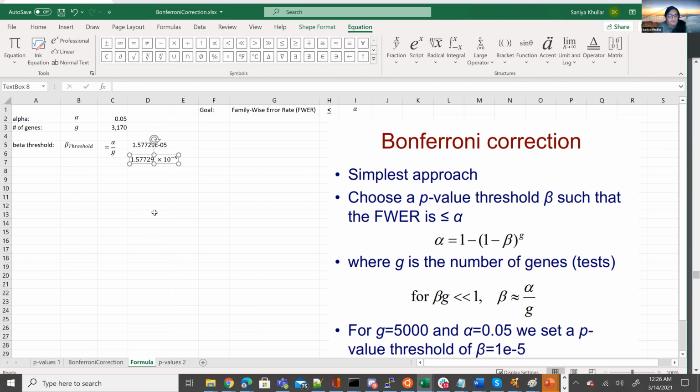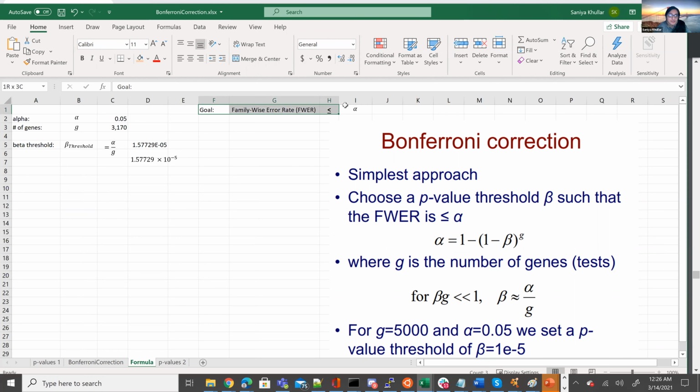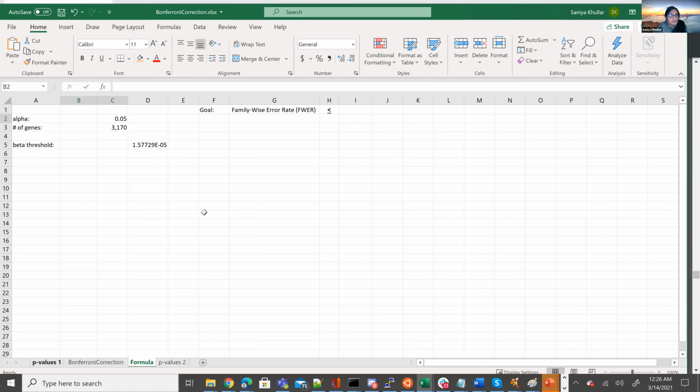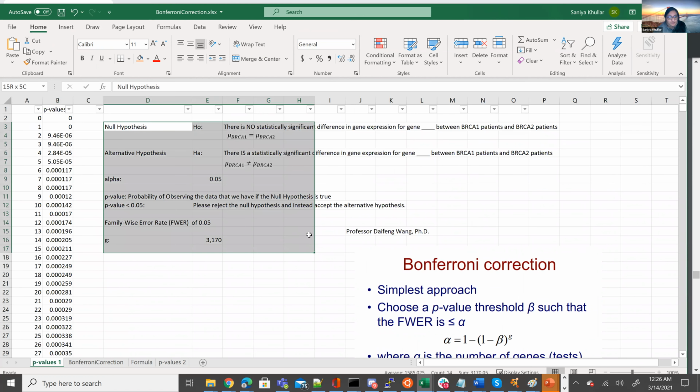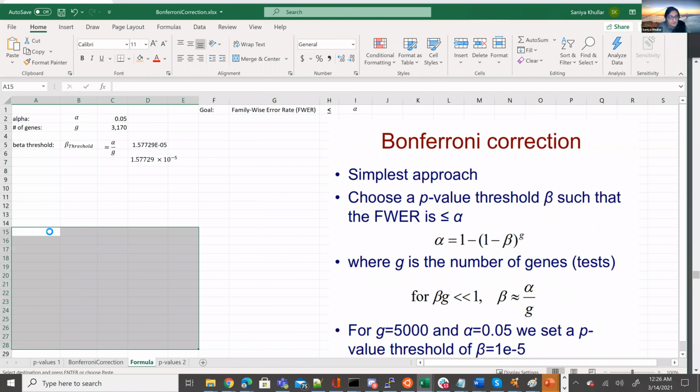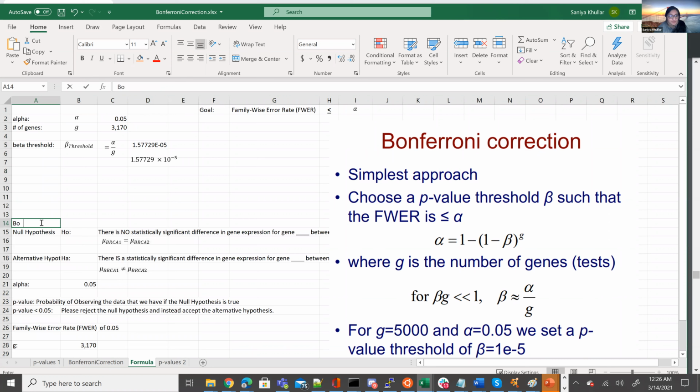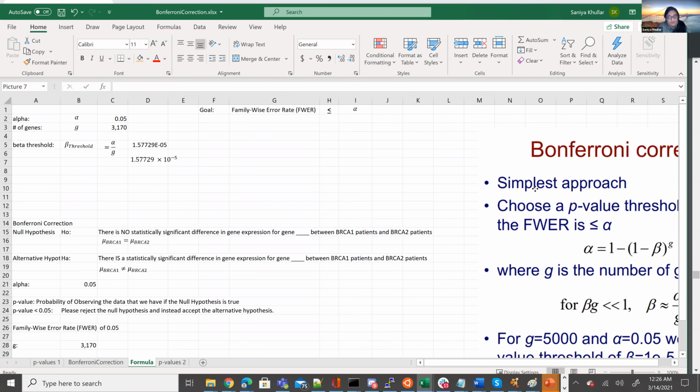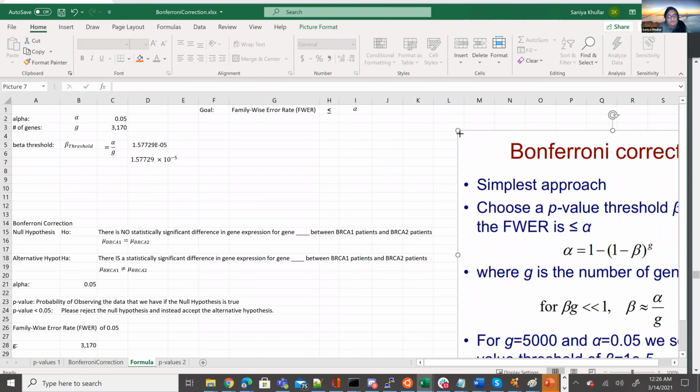Instead of rejecting the null hypothesis if the p-value is less than 0.05, I'm going to carry this over. Because this is the Bonferroni correction, we have the same hypothesis, for sure, guys.